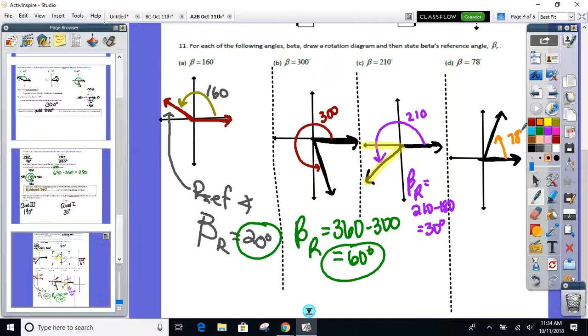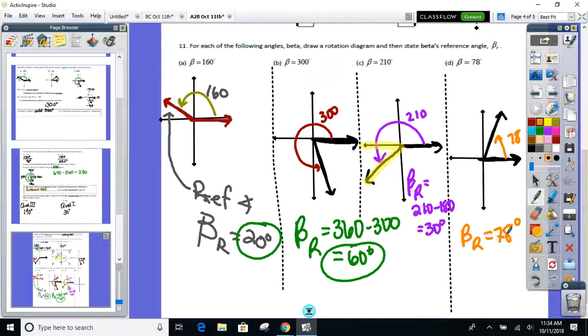Well, where's the reference angle? Terminal side and x-axis. Isn't that the same angle I just drew? So you are correct. When an angle is in quadrant 1, the angle and its reference angle are the same. Nice job back there.